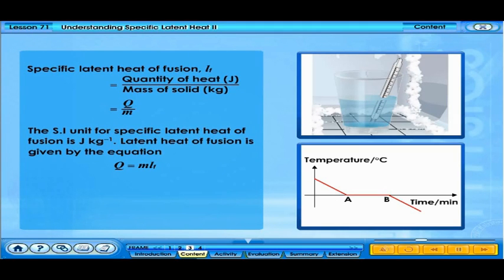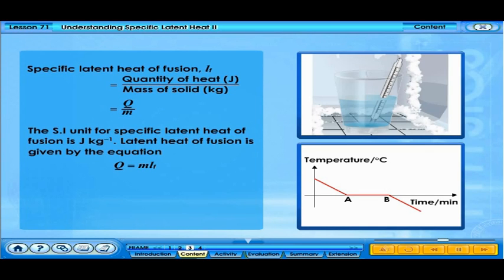Specific latent heat of fusion equals quantity of heat, joule, over mass of solid, kilogram, equals Q over M. The SI unit for specific latent heat of fusion is joule per kilogram.